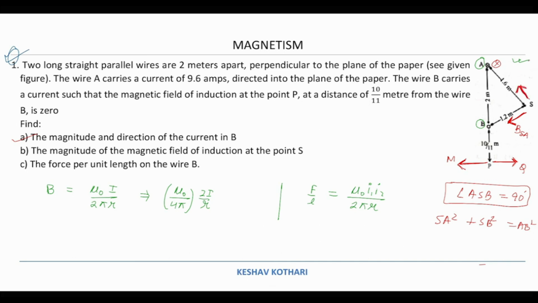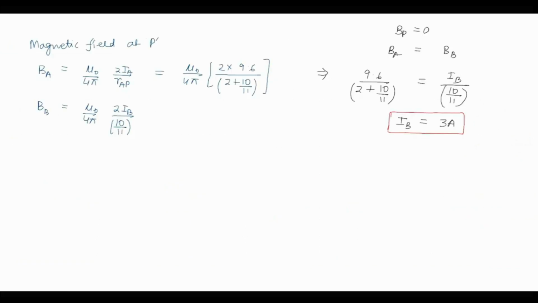So I am writing it as BSB, the magnetic field at S due to B. These two are perpendicular to each other. Now we are solving the next part with the necessary calculation.